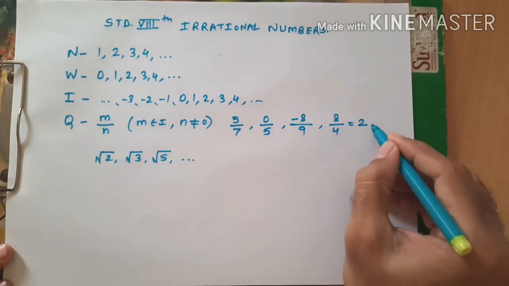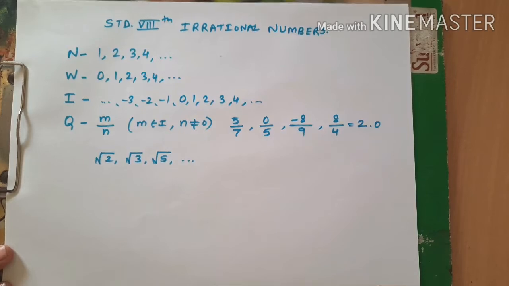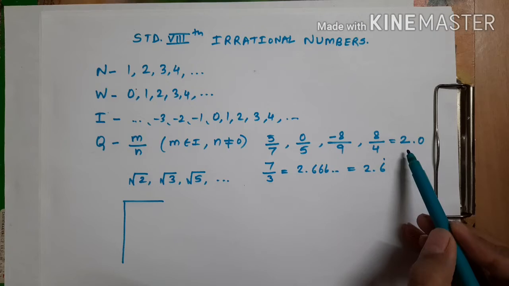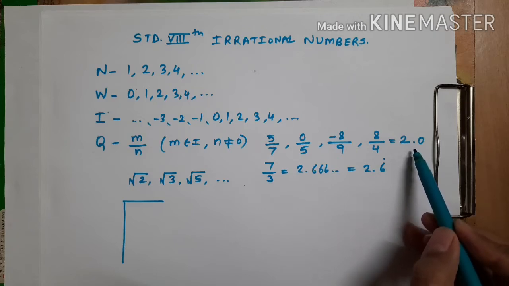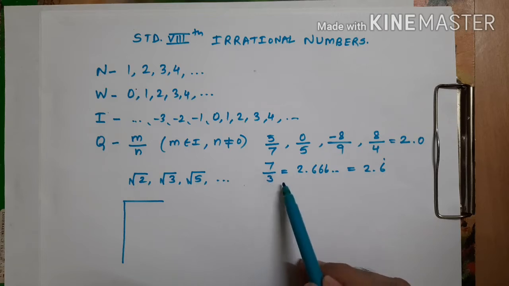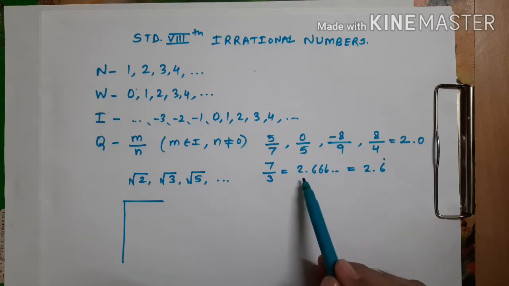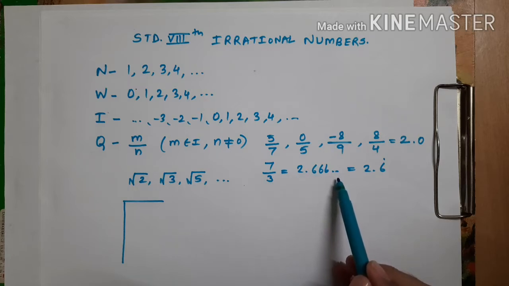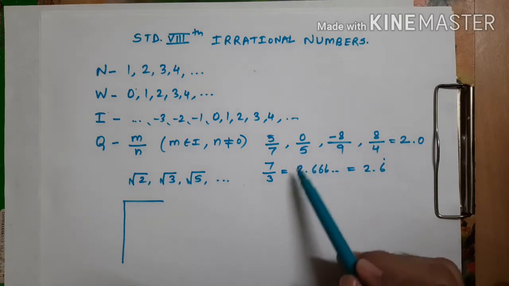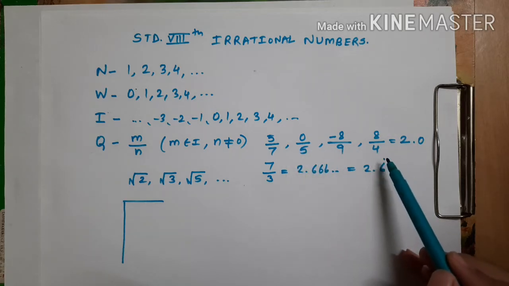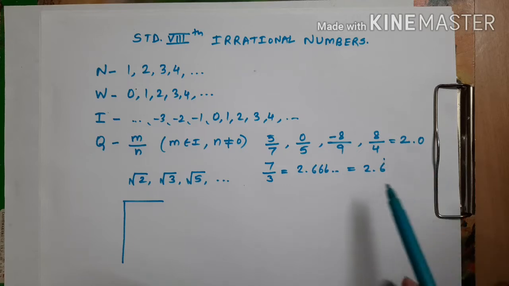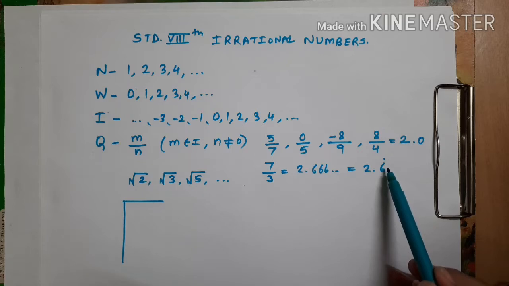So here 2 or 2.0, this decimal form 2.0 is terminating. Now let's take another example. 7 upon 3. Its decimal value is 2.666..., it means 2 point recurring 6. From these examples, we know that the decimal form of a rational number is either terminating or non-terminating but recurring.